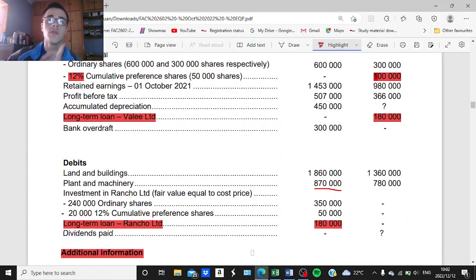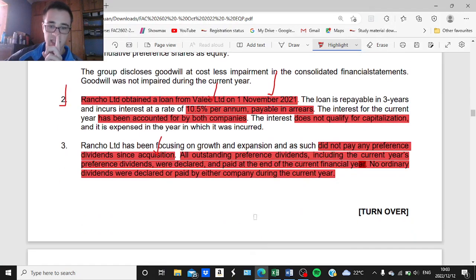All right, so what I'm trying to say here is that we need to calculate preference dividends not only for this year, but for all those years since acquisition for which the preference dividends were not declared and paid. In other words, we need to take into account the period from the 1st of October 2019, which is the date of acquisition, up until the end of this year, the 30th of September 2022, when calculating the total value of preference dividends paid.